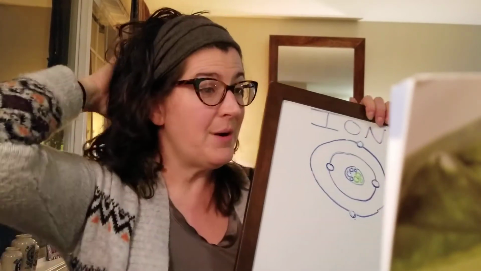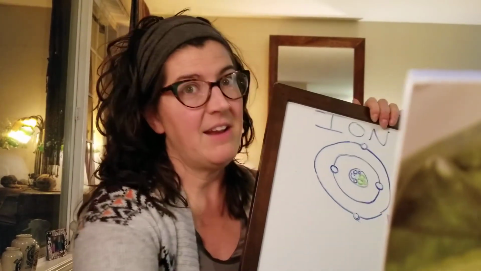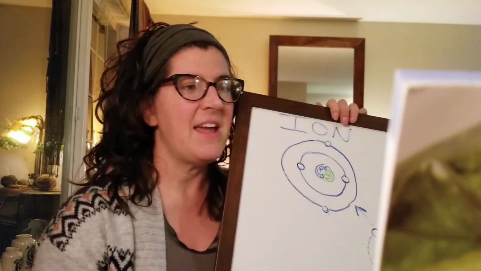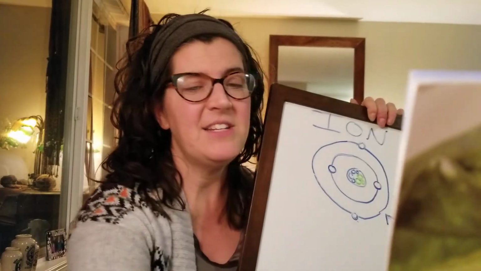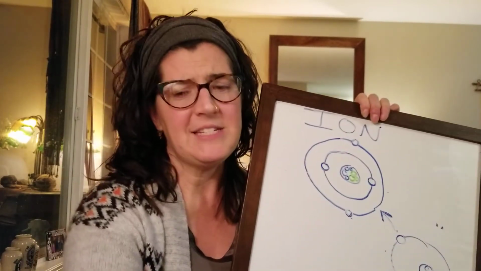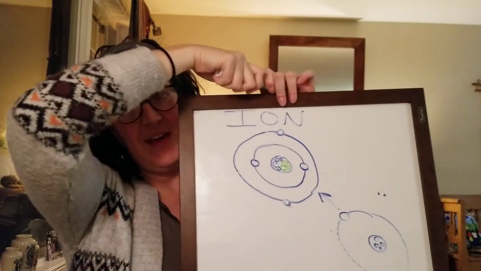Okay, so an ionic bond is a chemical bond formed between oppositely charged ions. So we have a cation and an anion, or a positively charged ion and a negatively charged ion. They are connected and bonded because they're attracted.